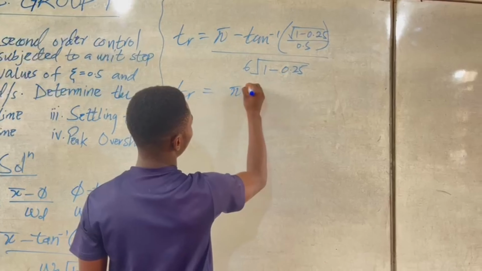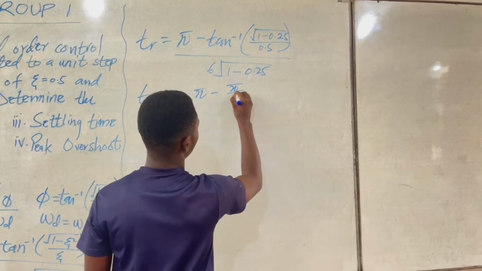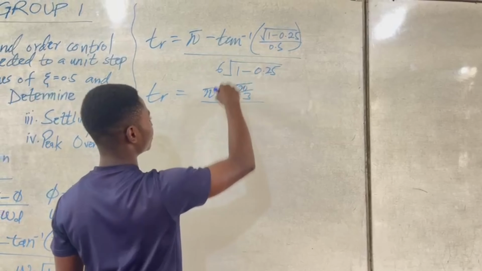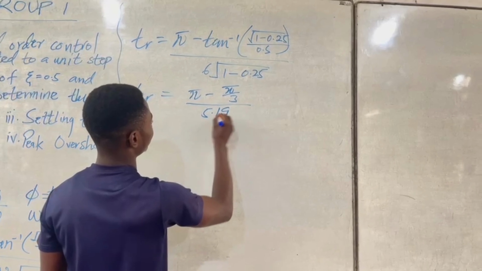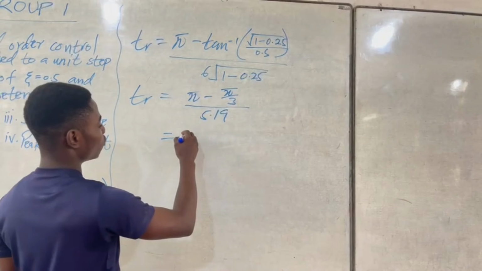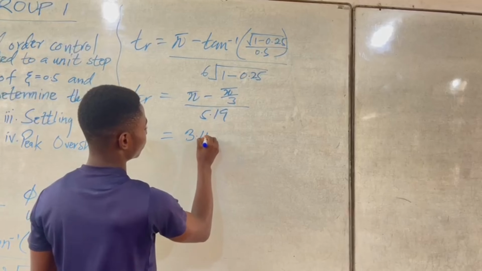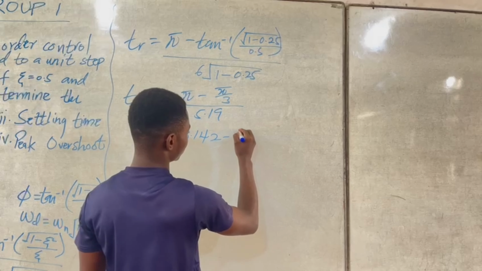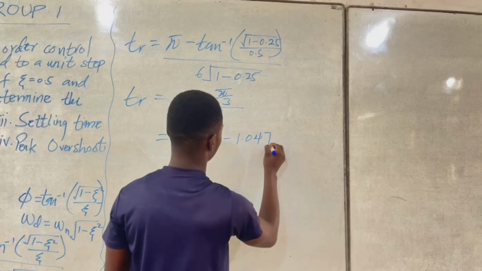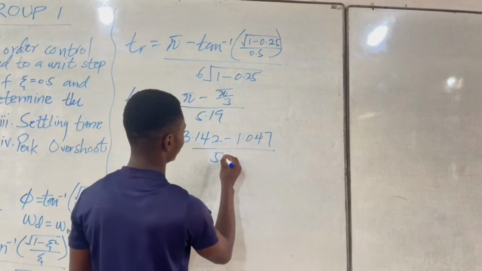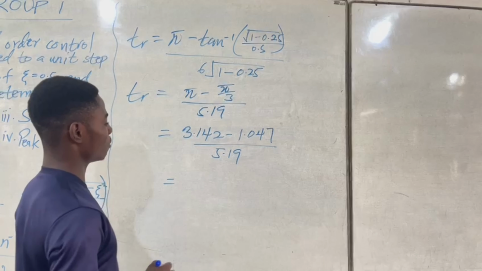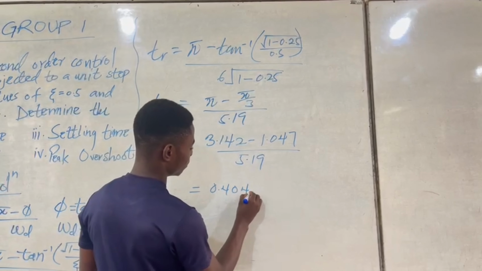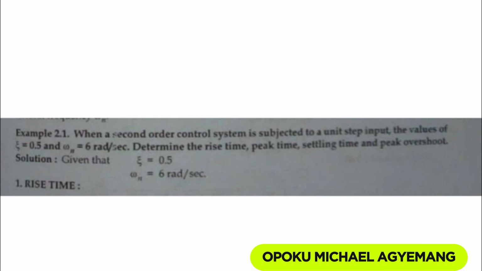So we have pi minus pi on 3, divided by 6 times the root term, which evaluates to 5.19. We know the value of pi is approximately 3.142, minus 1.047, all divided by 5.19. If we break this down further, we have our rise time to be 0.404.